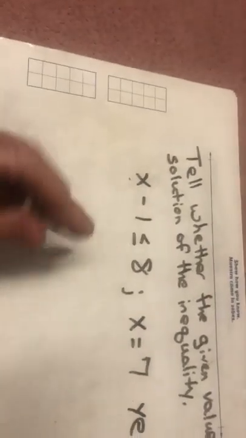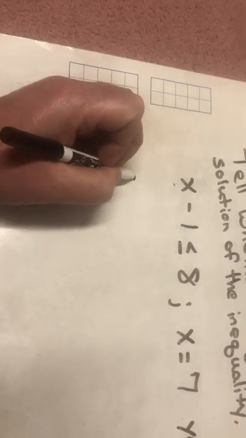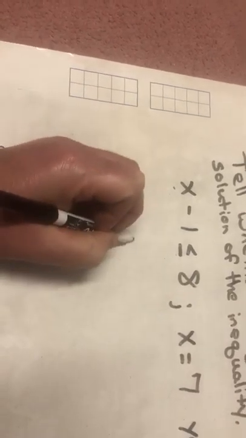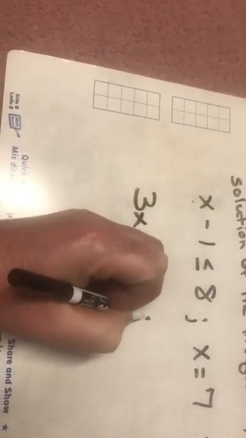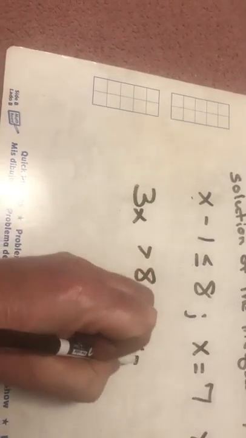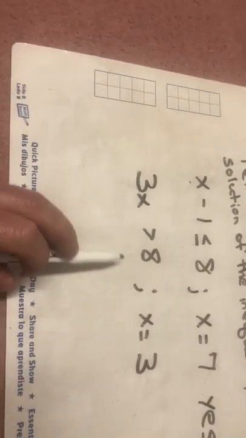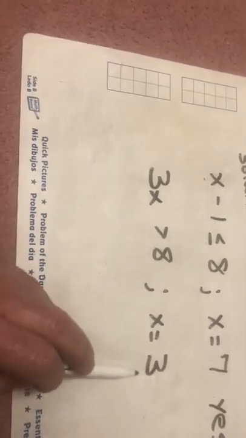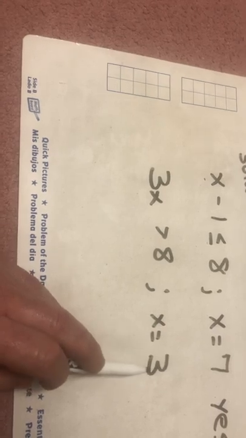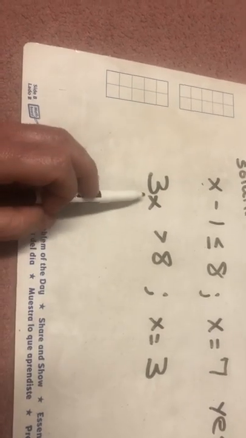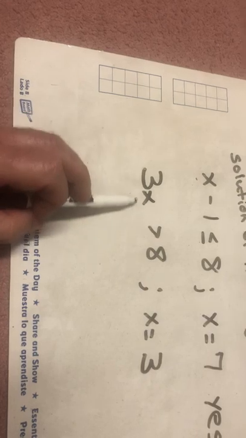All right, let's look at another one. Let's say 3x is greater than 8. X equals 3. So once again, I'm going to plug in 3 to my inequality. 3x, we know that this means multiplication.